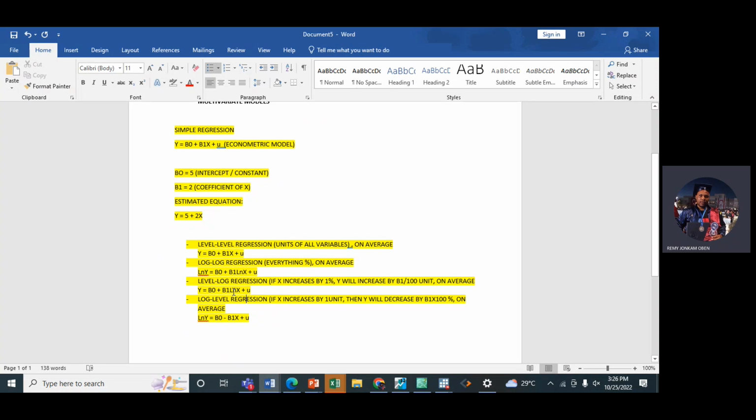Since x here has log, it means we'll use percentage for x. Since y has no log, it means we'll use units, but we'll divide the coefficient by 100. You have to be careful.